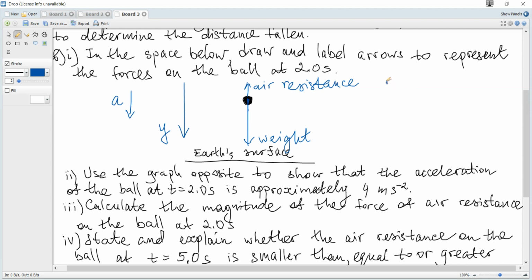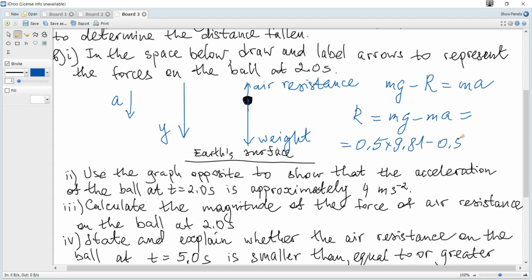It becomes mg minus r, letting air resistance be r, is equal to ma. Hence r is mg minus ma, which is equal to 0.5 times 9.81 minus 0.5 times 4, and it's approximately 3 newtons.